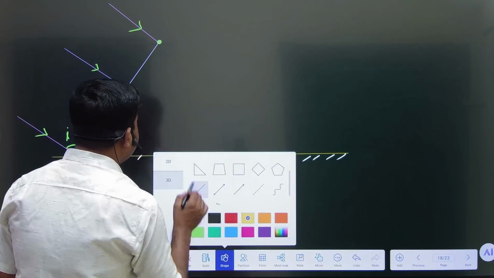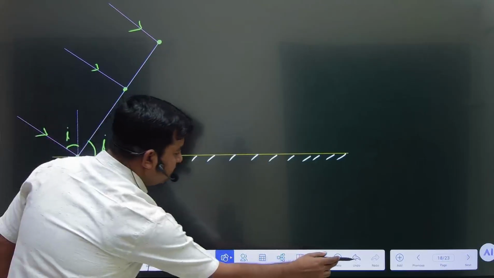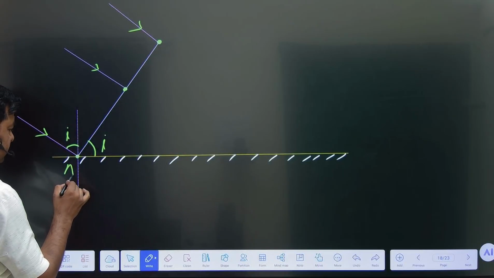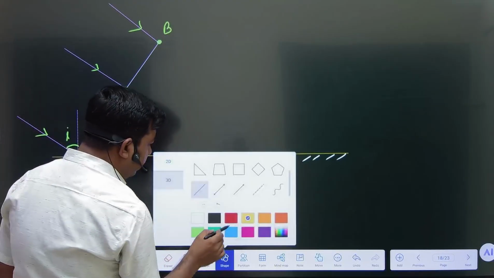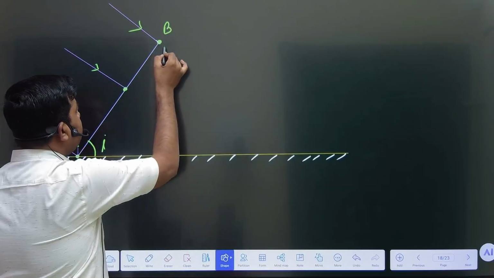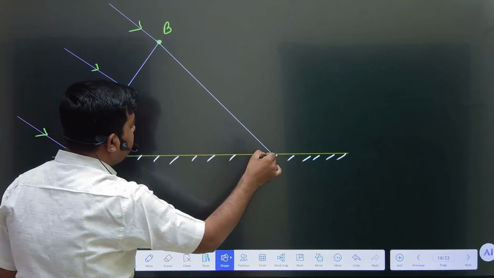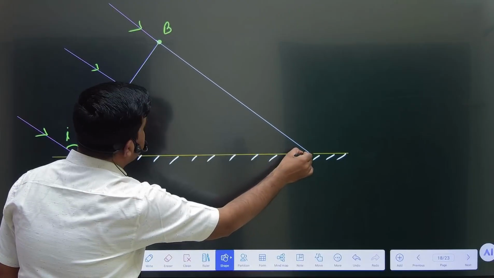So let's say this is point A and this is point B. The secondary wavelet at point B travels a distance C delta T and strikes the plane surface at some point A dash.